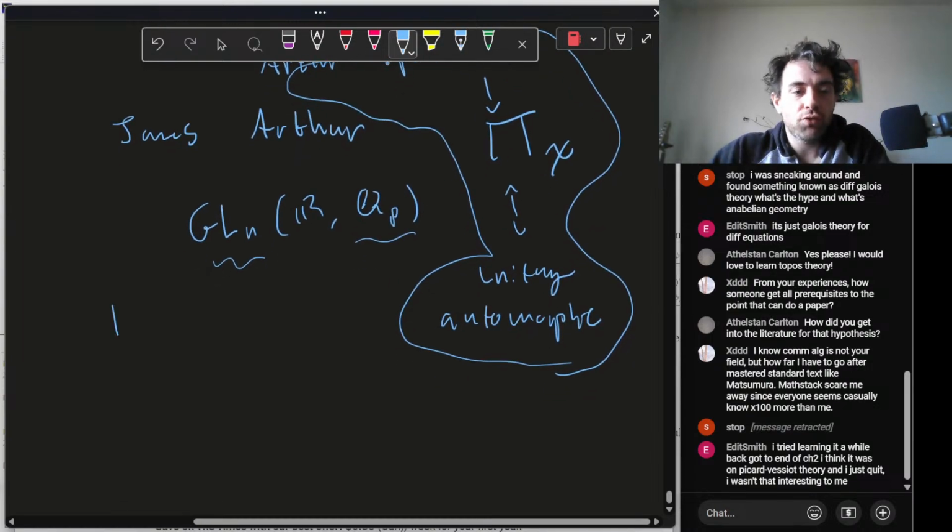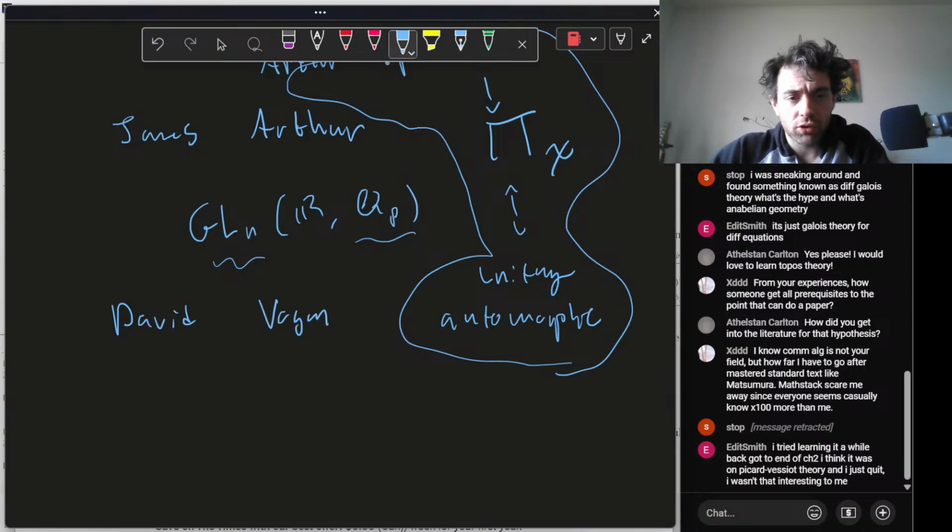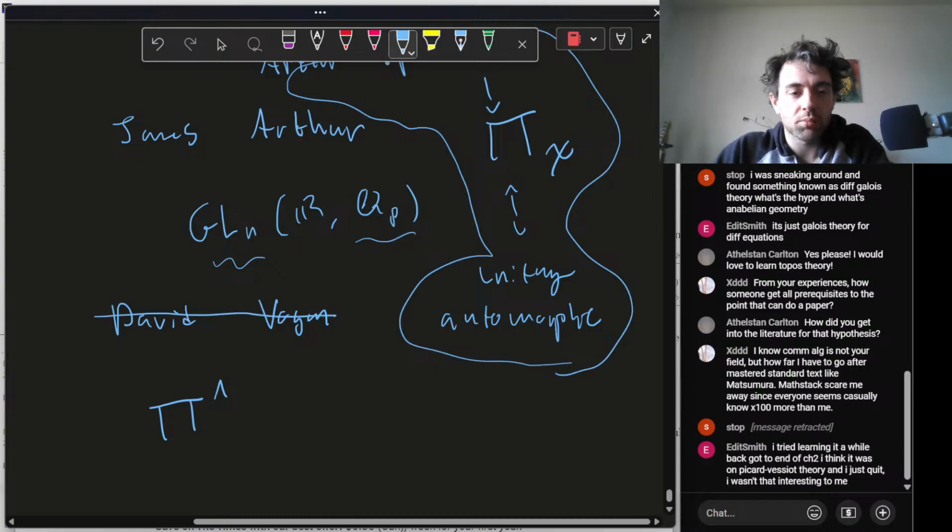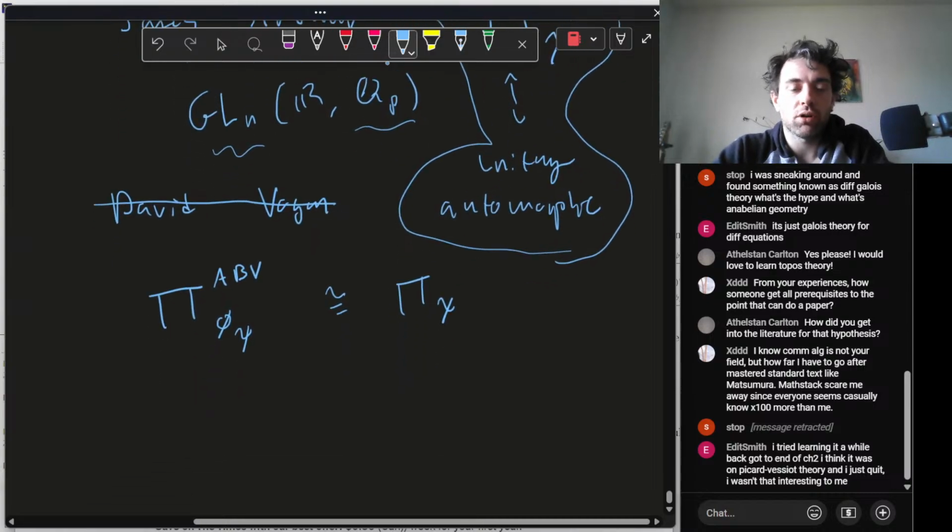Then David Vogan proposed a way to define these things that we now call ABV packets. Actually it was Adams, Barbasch, and Vogan. There's a conjecture that ABV packets, in certain cases, correspond to Arthur packets.